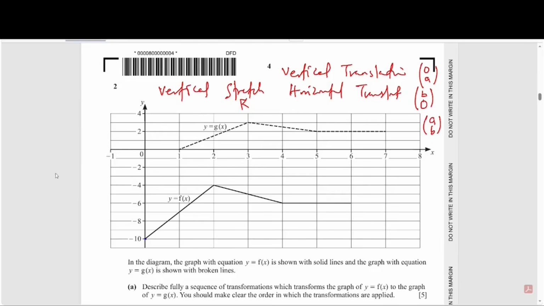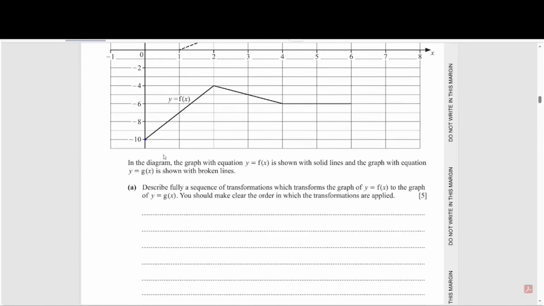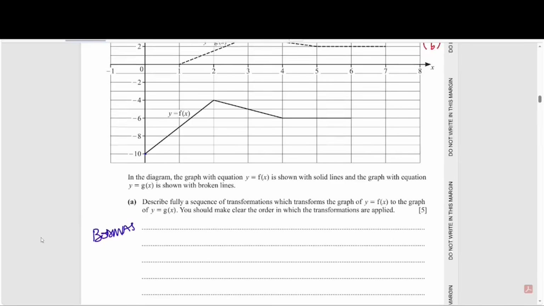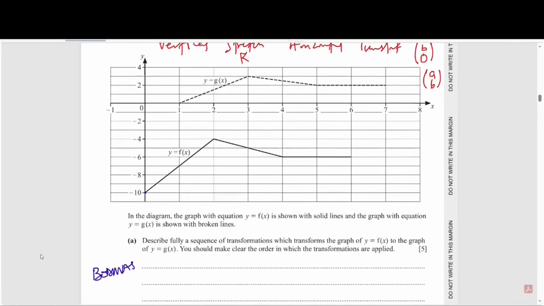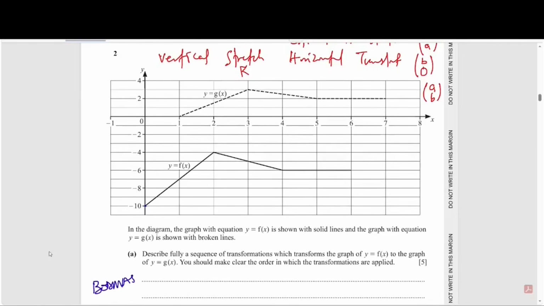So when two vertical transformations are applied, you follow the usual order of operations, like BODMAS. So for it, write BODMAS.